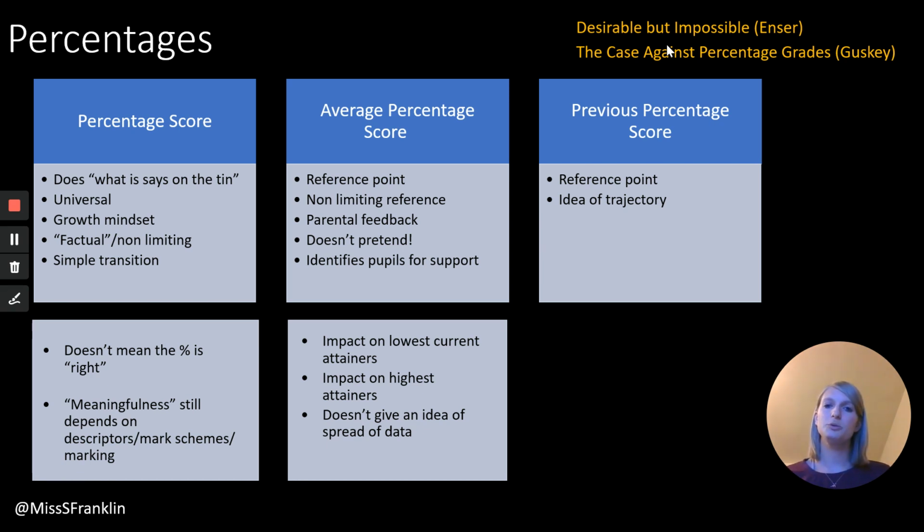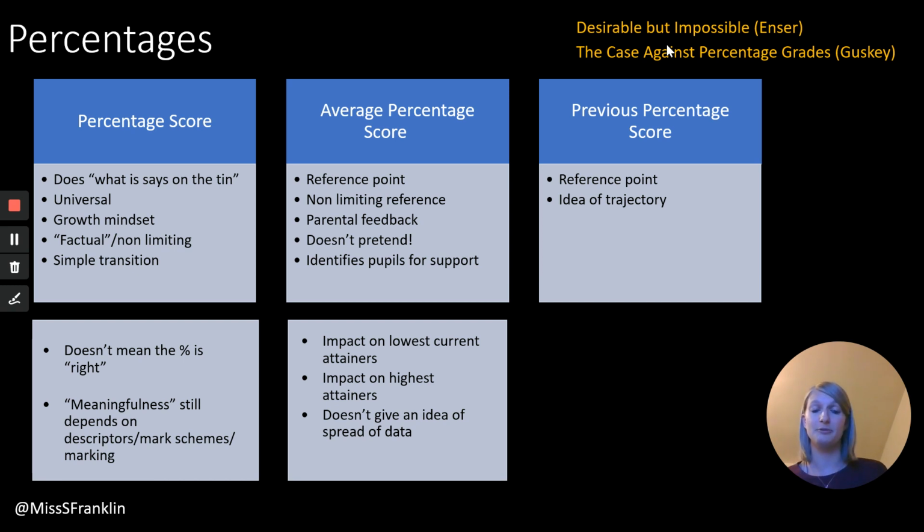And equally, for pupils who are consistently seeing themselves well below the average percentage, we need to be mindful of that. And we've had feedback from parents on that as well. And that comes into having a conversation around actually how we frame that dialogue with pupils about, this is the assessment score you got, but this is what we're going to do to improve it, and we're going to support you to do that.